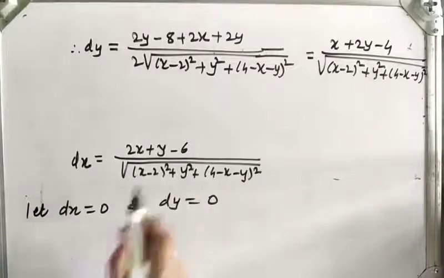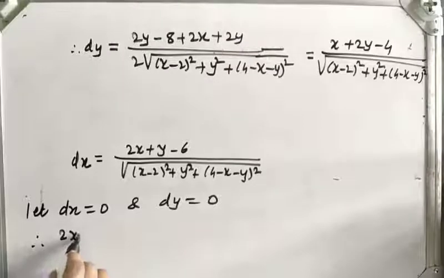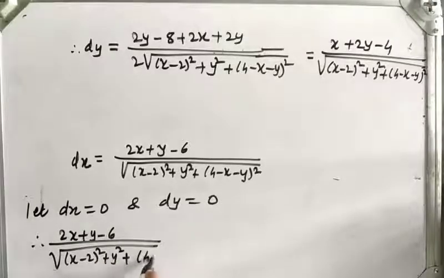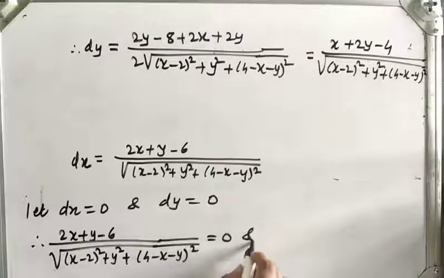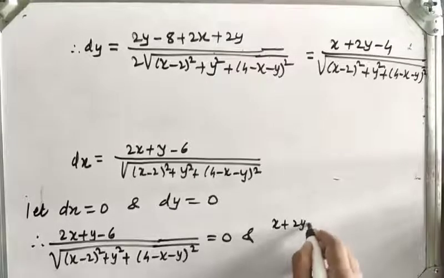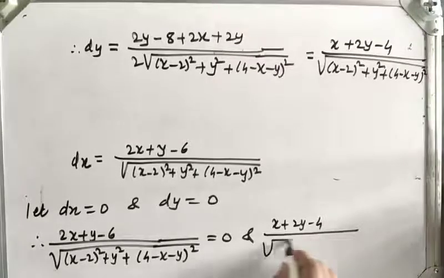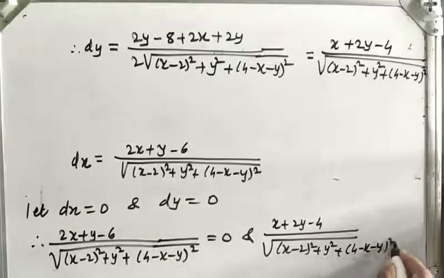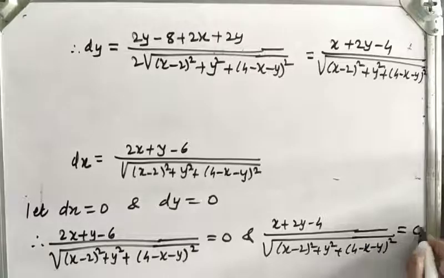Therefore (2x plus y minus 6) upon square root of (x minus 2) bracket square plus y square plus (4 minus x minus y) bracket square is equal to 0, and for dy, (x plus 2y minus 4) upon the same square root is equal to 0.